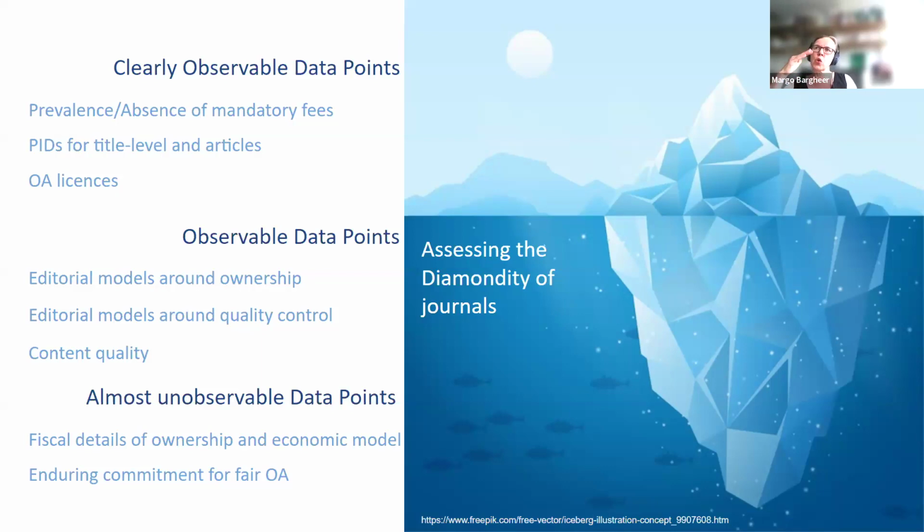And if you check back now your own understanding of diamond open access, the more of the non-observable data points you include in your own definition, the more difficult it will be to assess whether something is diamond or not. And so even though it looks like a simplification, there are rightful ideas that, okay, let's only define that if there is no fee for authors, then it's diamond.